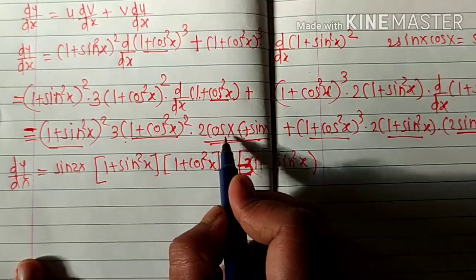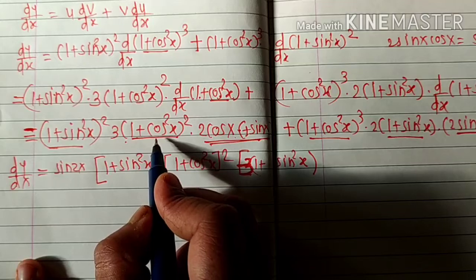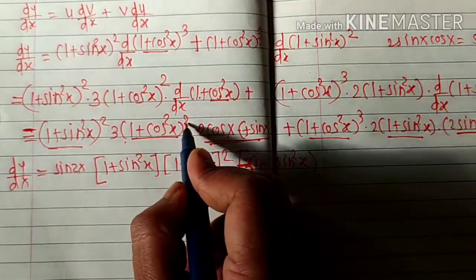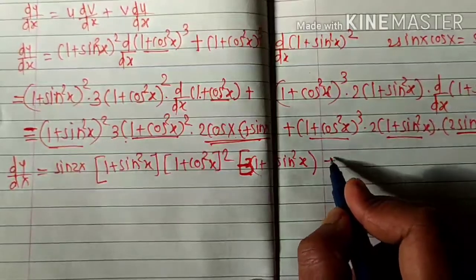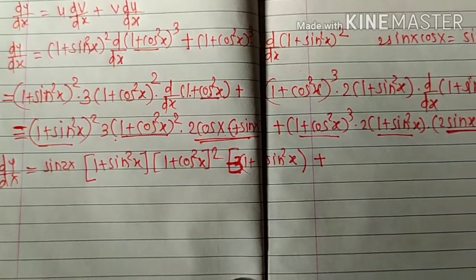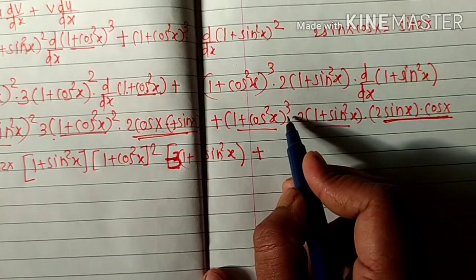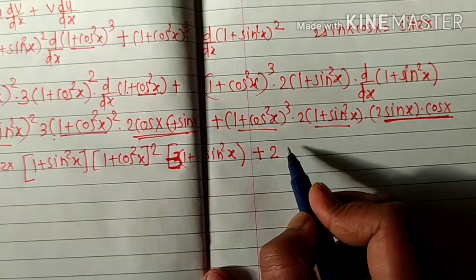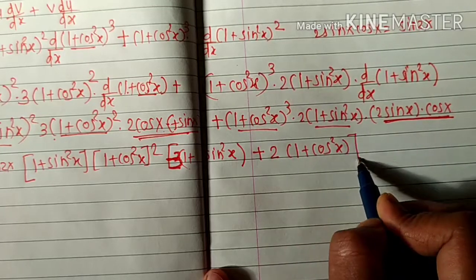This we take 2 sin x cos x outside as well as this one raised to power 1 outside, and here raised to power 2 outside, remaining minus 3 times (1 plus sin square x). Then the next term is also an outside term, then next this raised to power 2 outside, what remains is 2 times (1 plus cos square x).